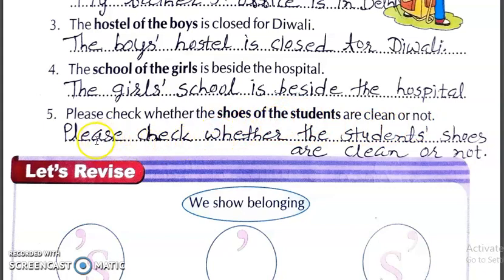For that we will write, please check whether the students' shoes. Here you can see we have to write students and afterward we have to put the apostrophe sign only. Don't put the apostrophe before S. We have to put the apostrophe sign after S. Students' shoes are clean or not.